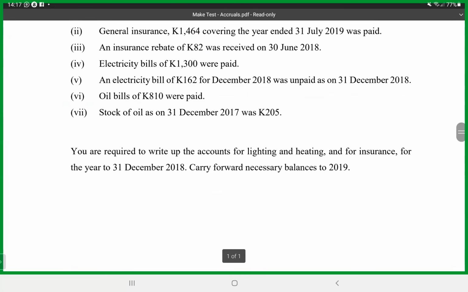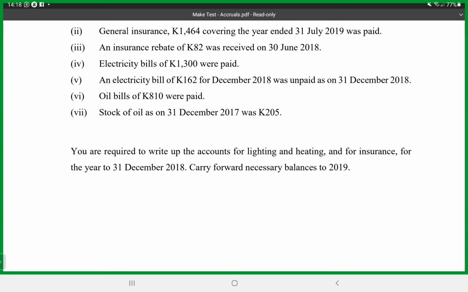We are also told that on the second transaction, the general insurance amounting to 1,464, covering the year that ended 31st July 2019, was also paid. So there is again an amount that was paid. It's more like a prepayment.